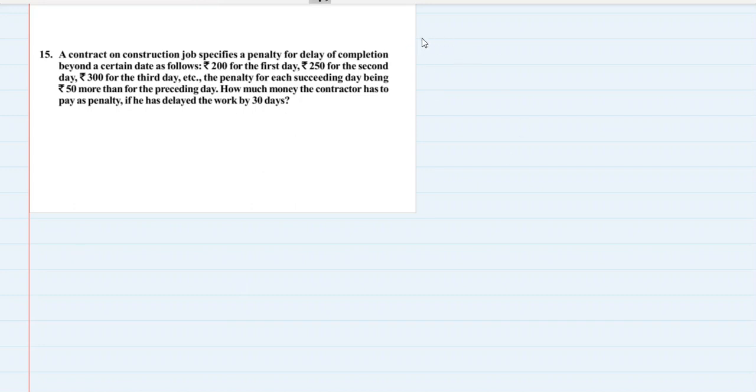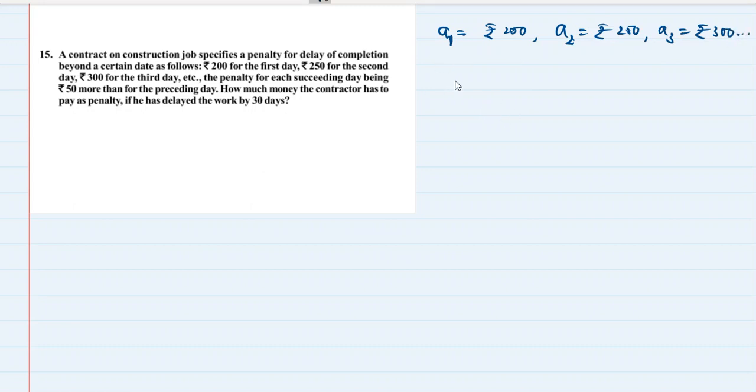Okay, so see, the first term should be considered as A1, that is ₹200. The second term as ₹250. The third term as ₹300, and so on.